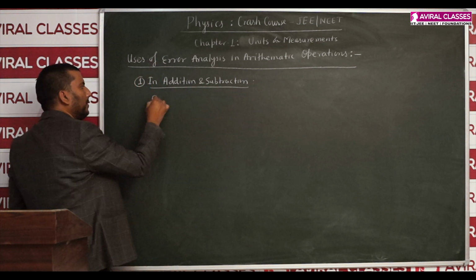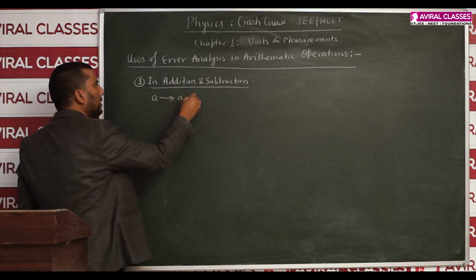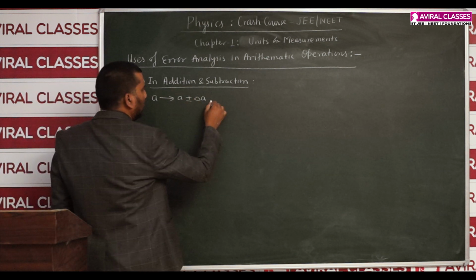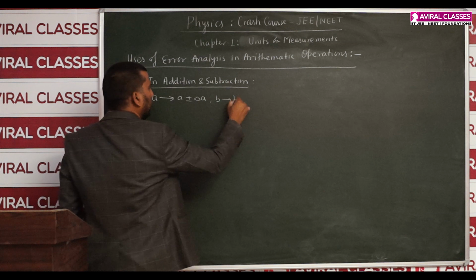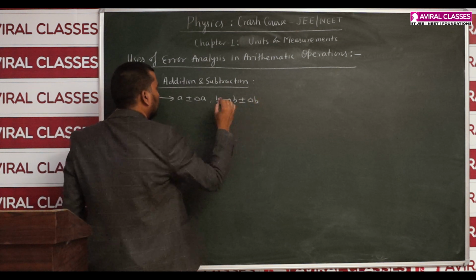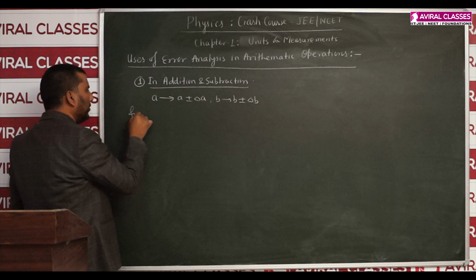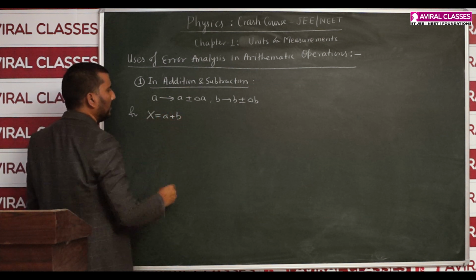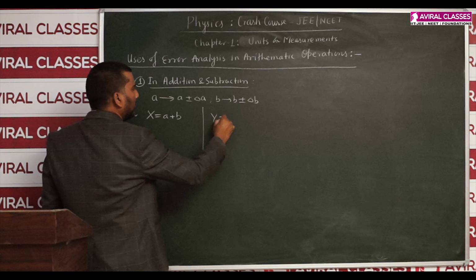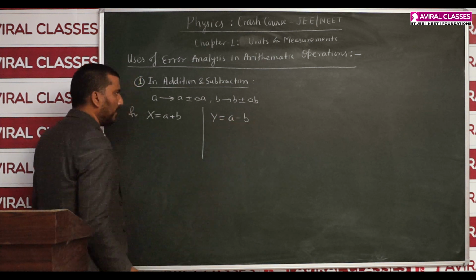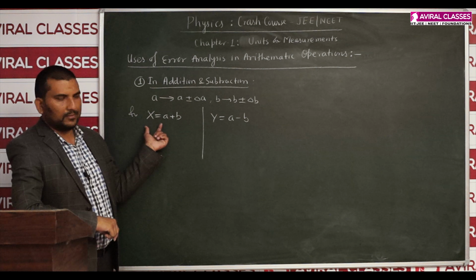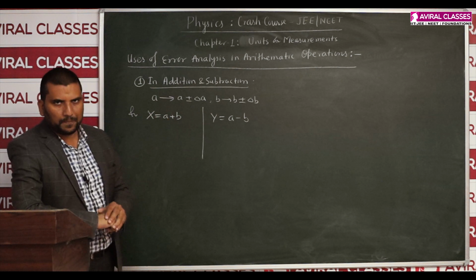If you have any quantity A which is represented like this, and B which is represented like this, and you want to calculate x, which is a plus b, and y, which is a minus b, what will be delta x? What will be delta y?